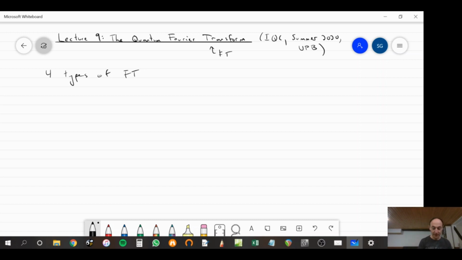Okay, so the 4 types you might see are Fourier series, discrete Fourier transform, just Fourier transform, and finally the discrete time Fourier transform. The reason I'm doing this is because the names can be quite confusing. They sound quite similar.